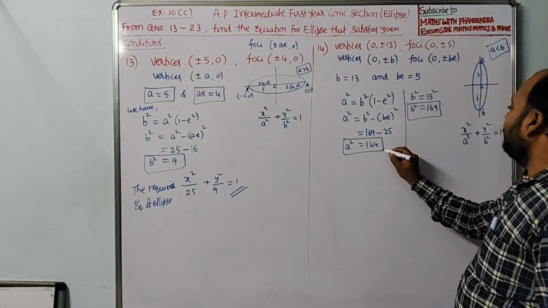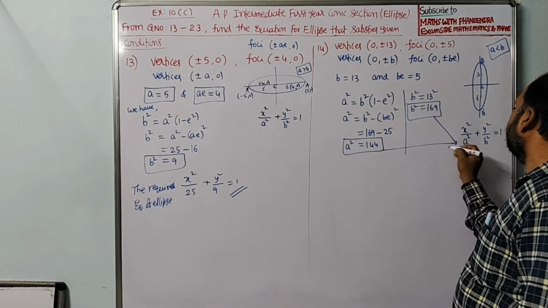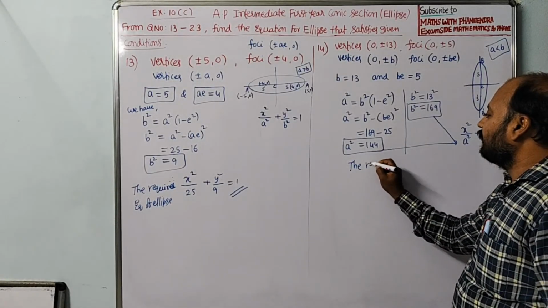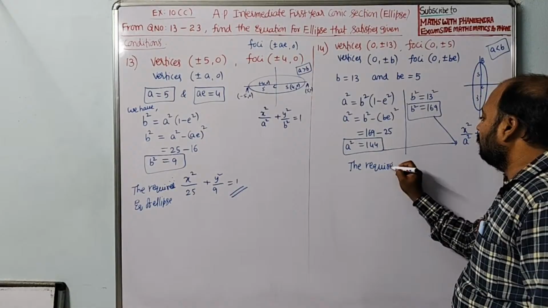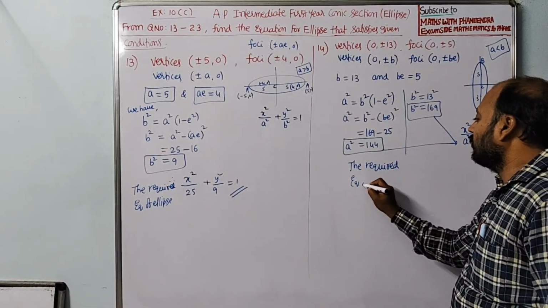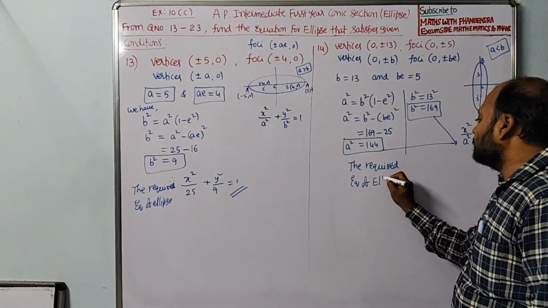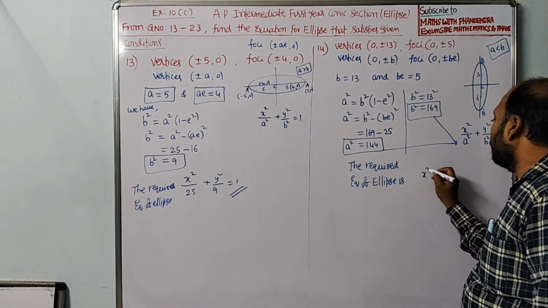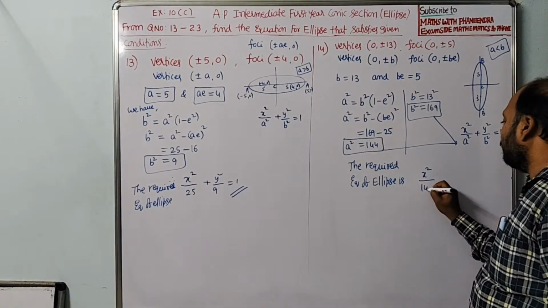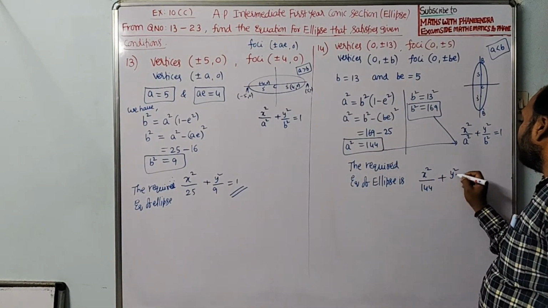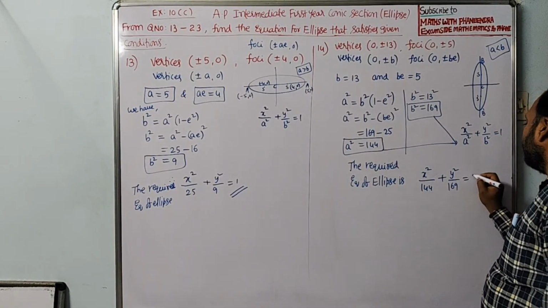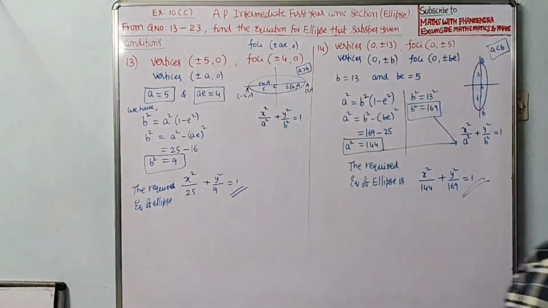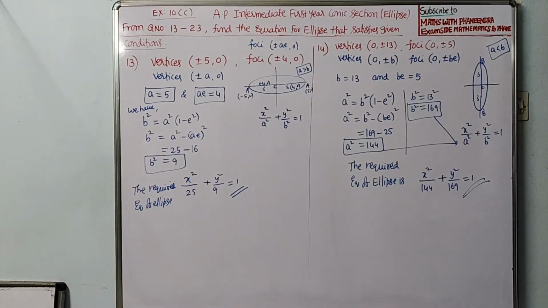So a square and b square values substitute in this, you get the required equation of ellipse: x squared by 144 plus y squared by 169 equal to 1. I hope you understand this, students. We'll move to another set of questions.